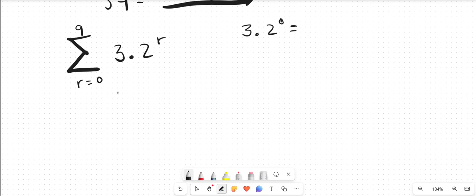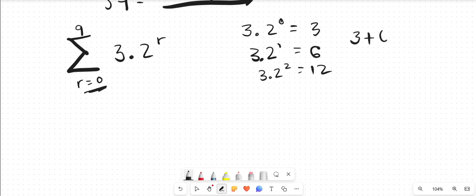You always start with the first term that is given there. We're going to get a 3. 2 to the power of 1, we get a 6. 3 times 2 to the power of 2 is a 4 times that, which is a 12. So my pattern is actually a 3, then adding a 6, then adding a 12.